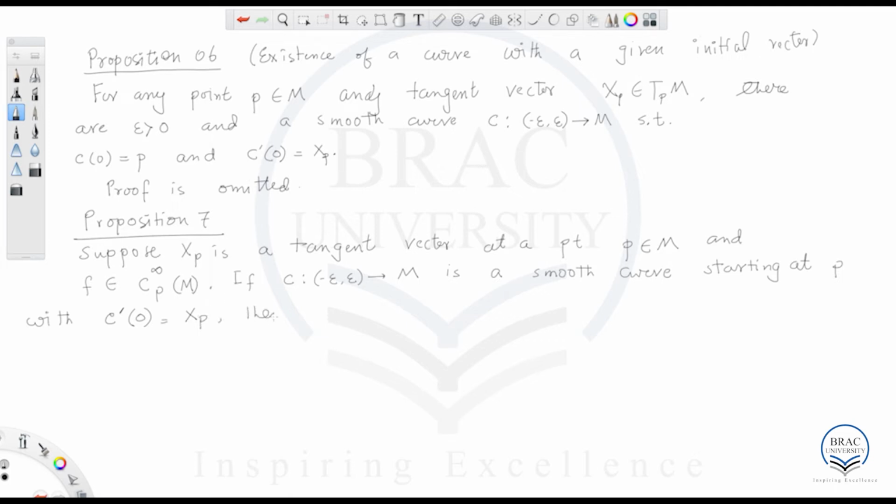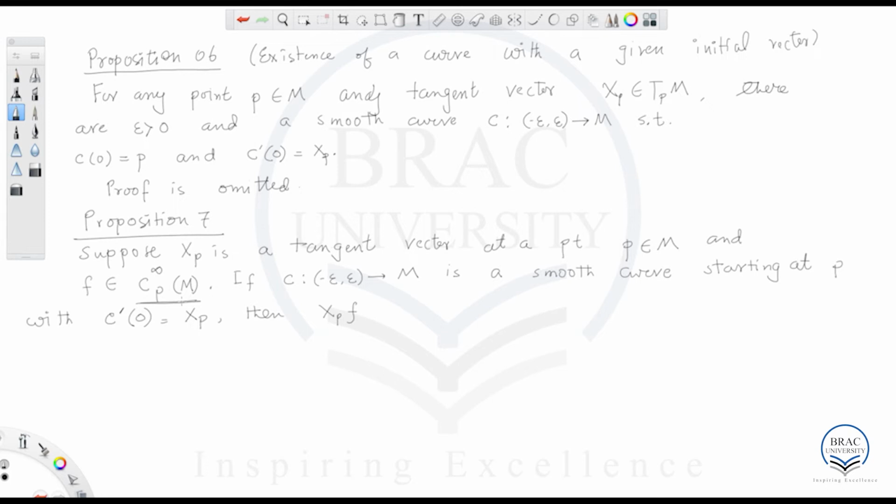Then x sub P acting on f, this is supposed to be a number because x sub P is a point derivation and f is a germ of smooth functions. Here, this is a set of equivalence classes of smooth functions at P, right?